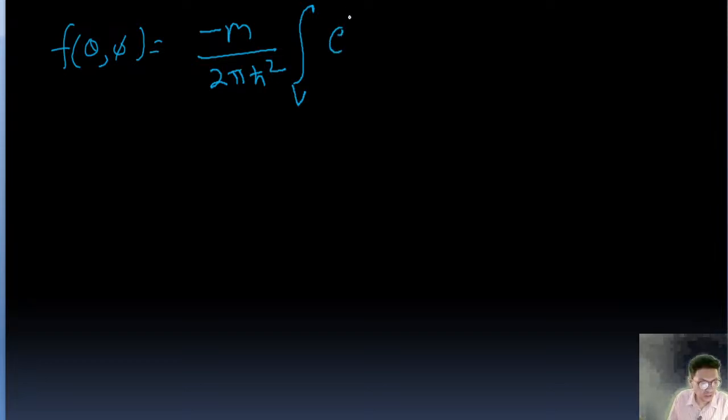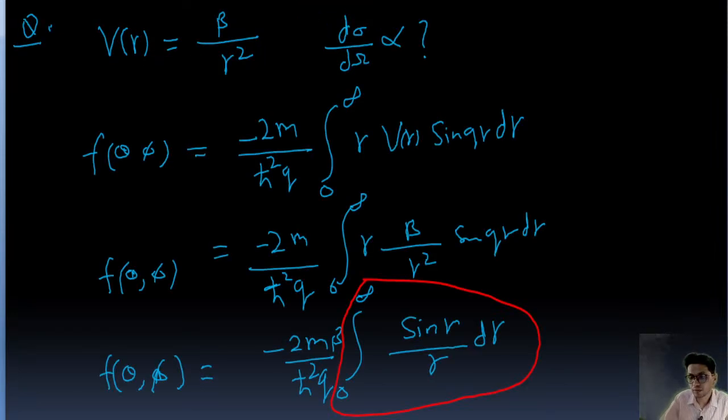I'll solve it. So this is minus 2m upon 2 pi h cut square, minus m upon 2 pi h cut square, volume integration of e to the power iota q dot r, and this is minus, guys. Okay, e to the power iota q dot r, this is minus 1.